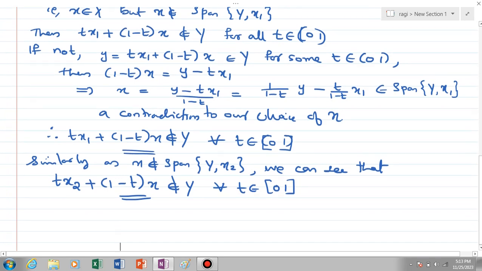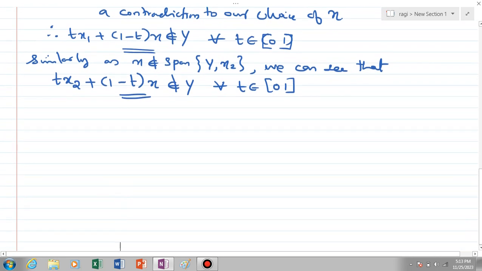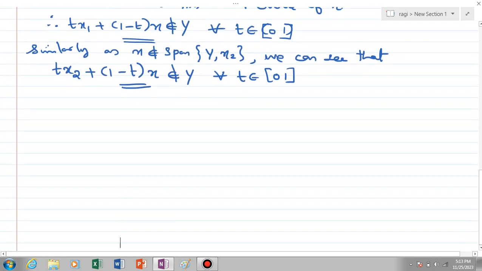Now we have to prove that if X is a normal space, then the complement of Y is connected.